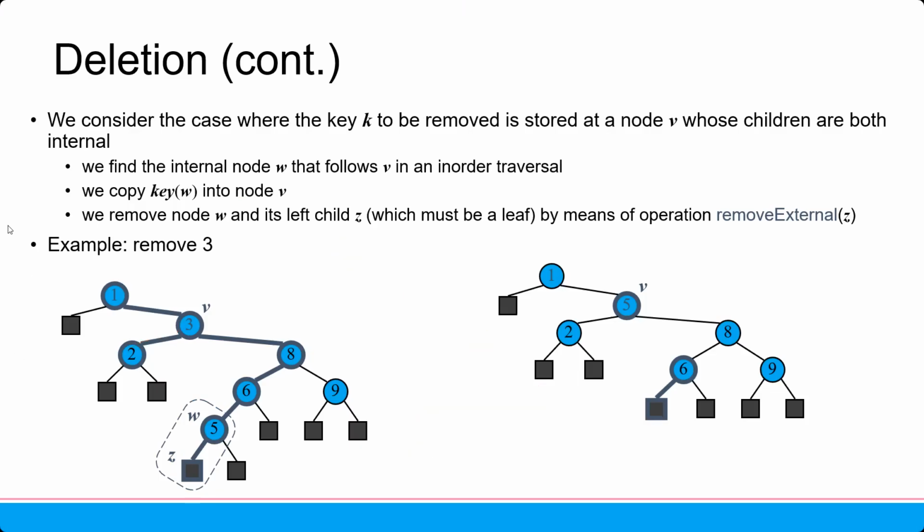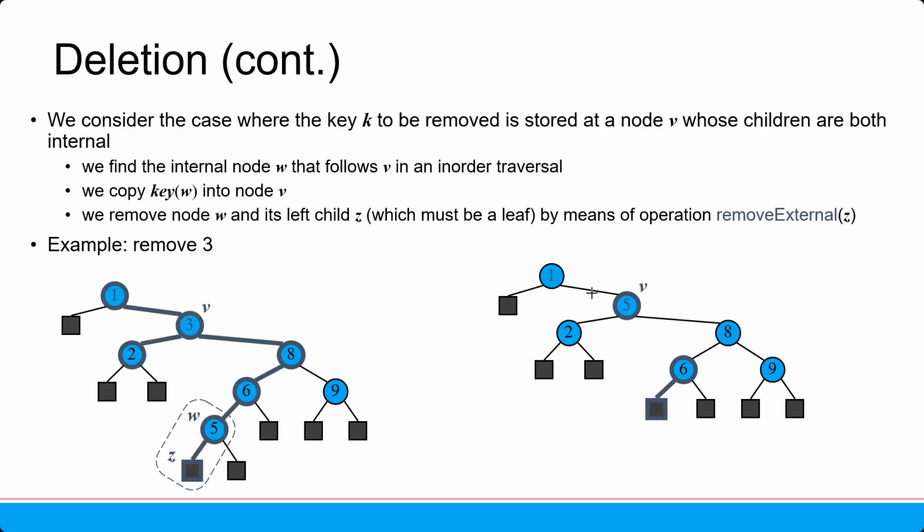But again, we need to do the in-order traversal. After we find the key, which is 3, we cannot do this, because we need to find the smallest value in the right of 3. What is it? The smallest value is 5. So we need to exchange 3 with 5.